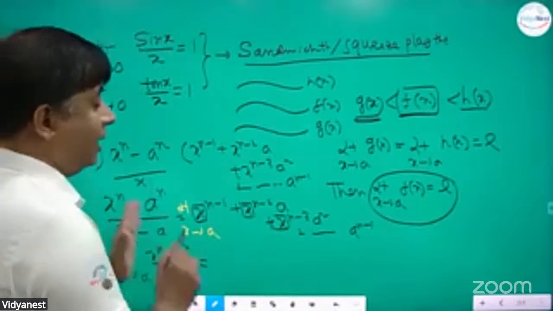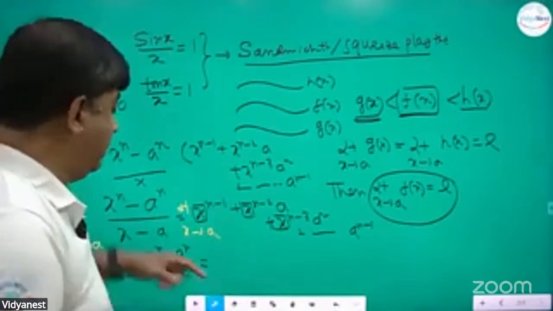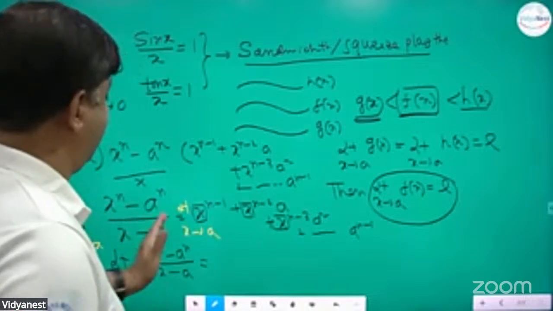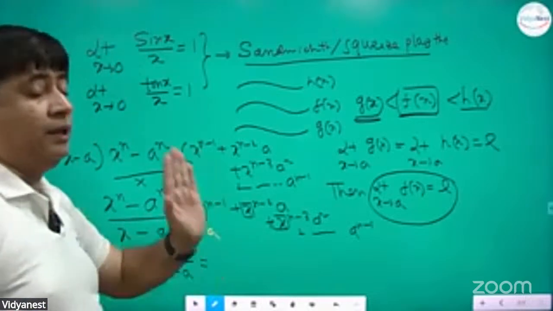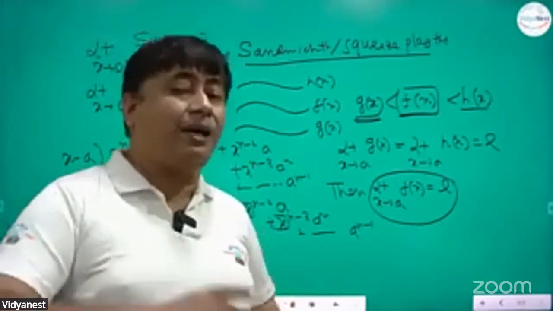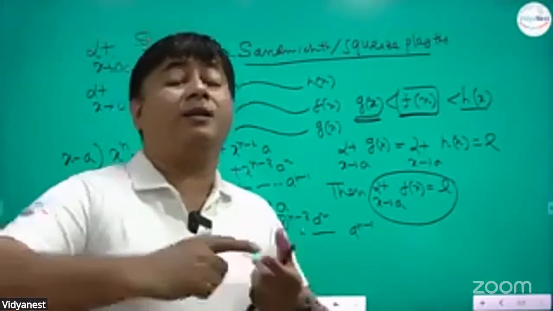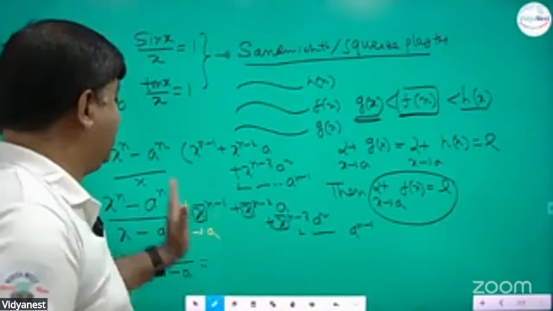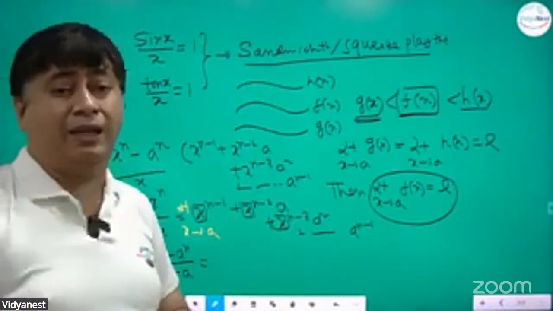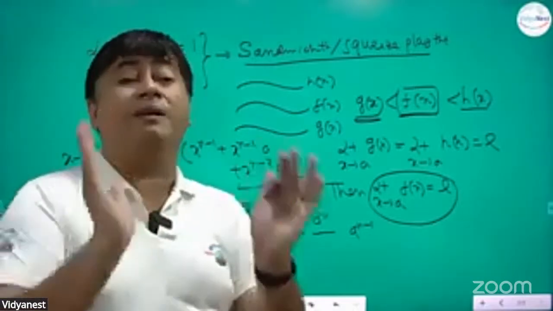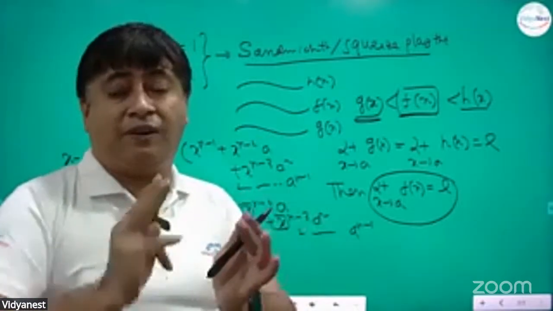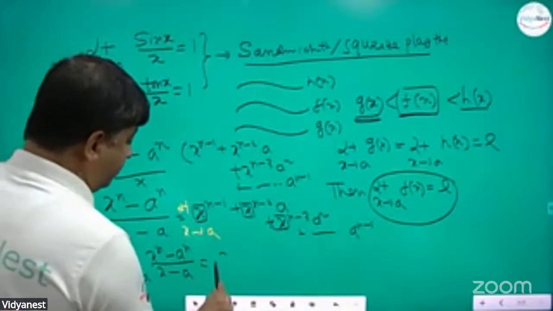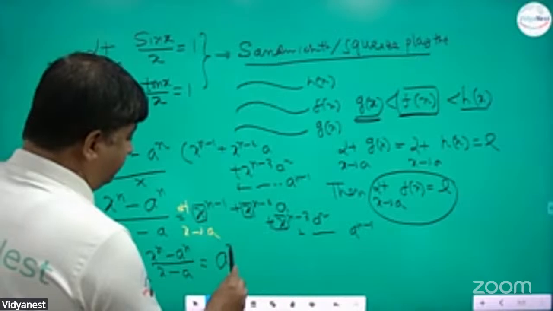So we have the free will to put a in place of x, because x tends to a is given. Last day I told you that though x's value is not a but nearest to a, for the sake of calculation we can put a, because where it is terminated we do not know, it is non-measurable, infinitesimally small.